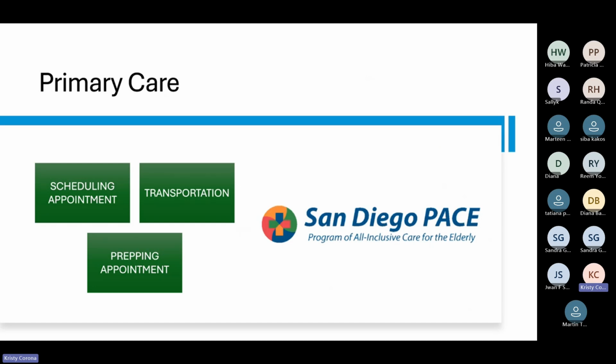Within PACE, PACE provides transportation for participants in need of transportation. There's still communication and coordination because there might be a participant who typically requires transportation, however on this certain day with this certain appointment, their built-in caregiver or a family member is going with them, so then we would need to cancel transportation.